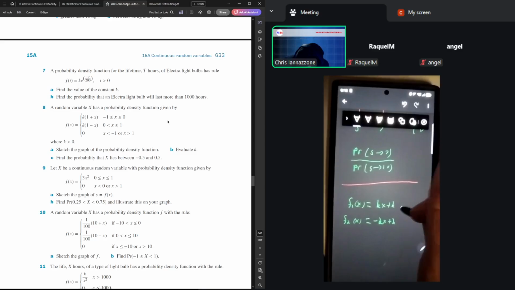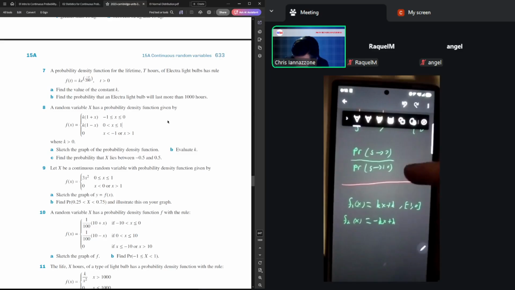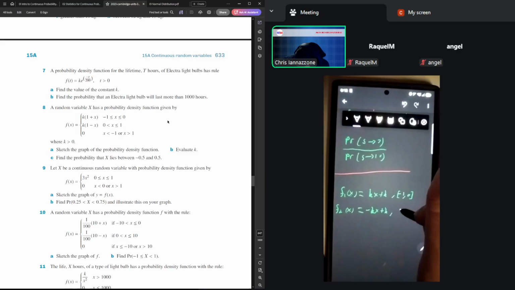This one is from negative 1 to 0. This one is from 0 to 1.